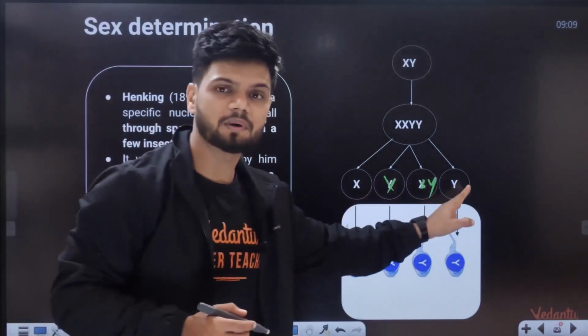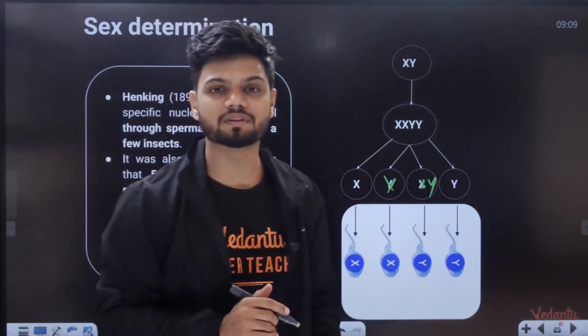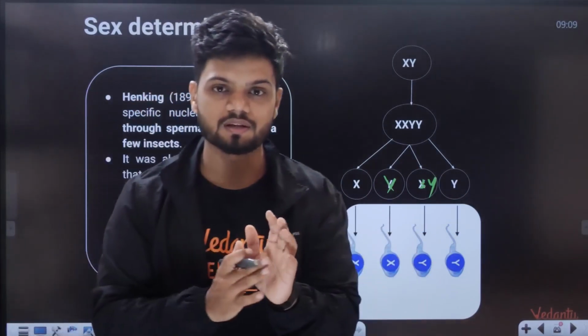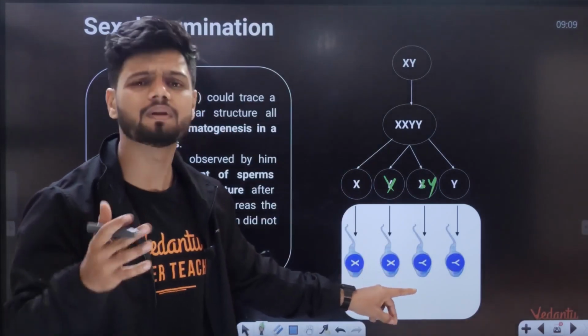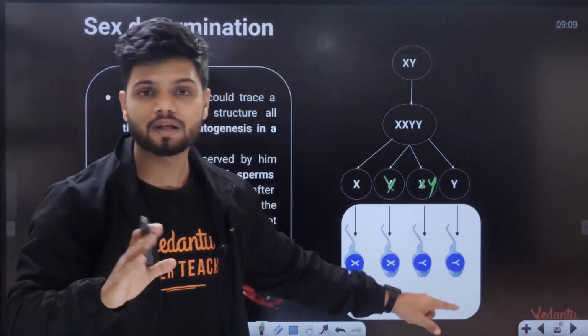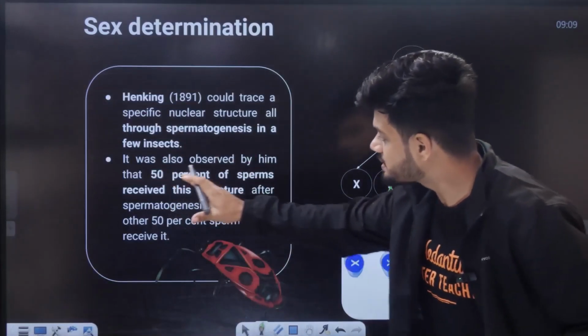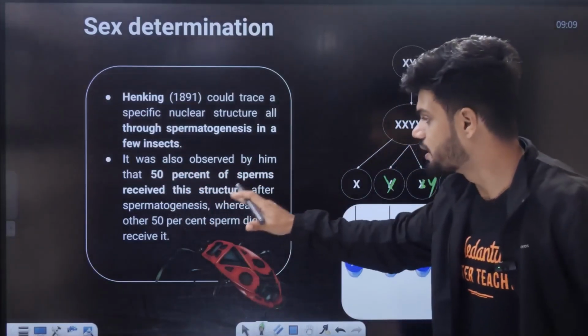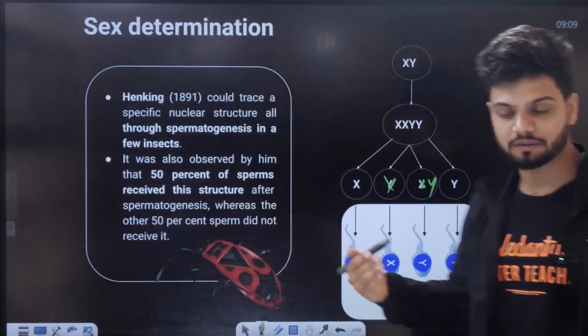In 50% of the sperm, the X structure was absent. So Henking observed that during spermatogenesis, 50% of the sperm has the X structure, that is the X chromosome, as we later found out, and 50% did not have it. So 50% of the sperms received this structure after spermatogenesis, whereas the other 50% did not receive it at all.